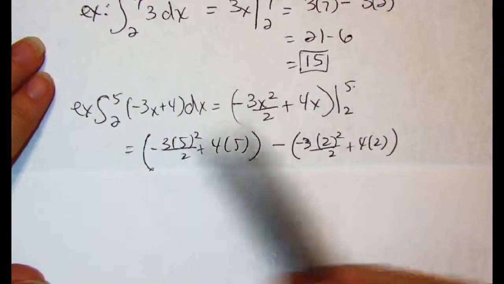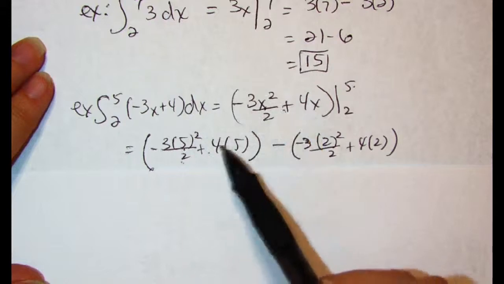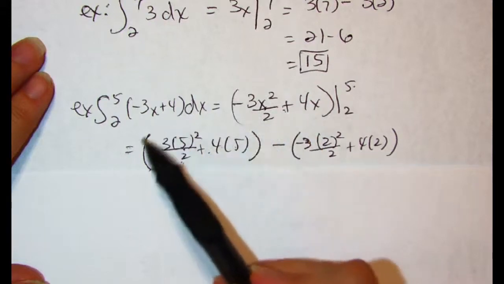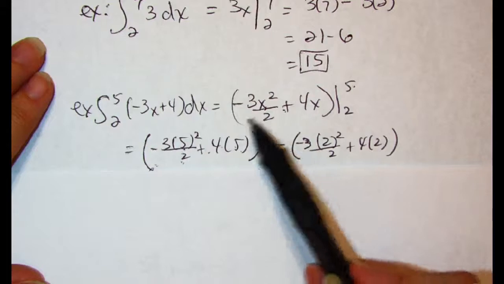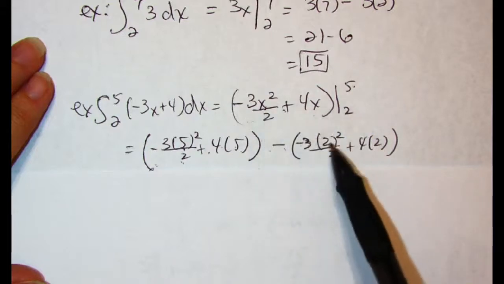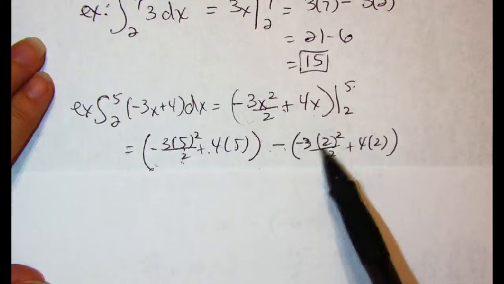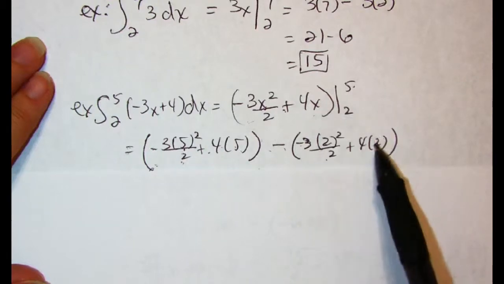So negative 3 times 5 squared all over 2, plus 4 times 5, subtract, now I'm going to substitute all over again by putting in the 2. Negative 3 times quantity 2 squared all over 2, plus 4 times 2.